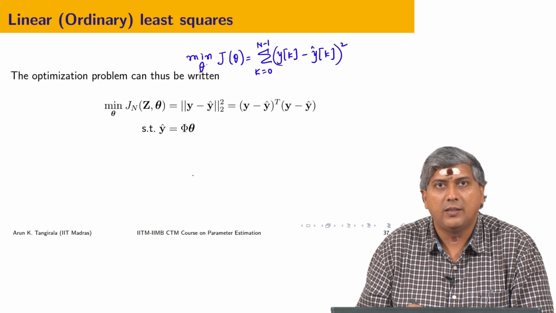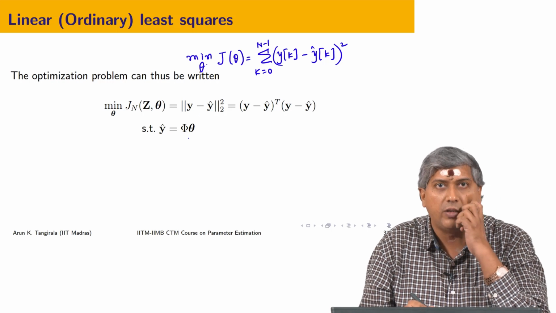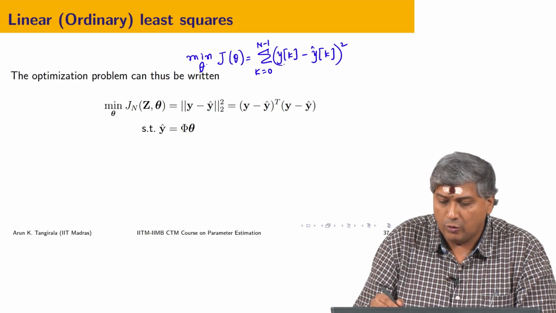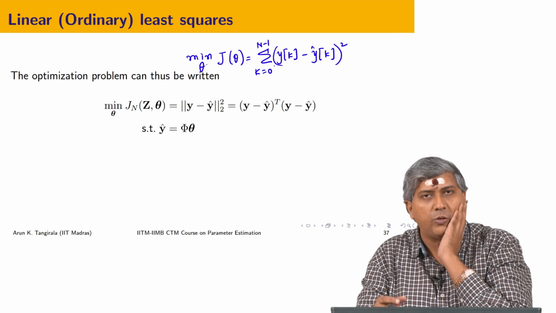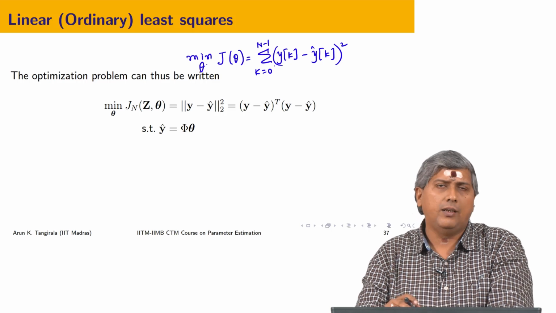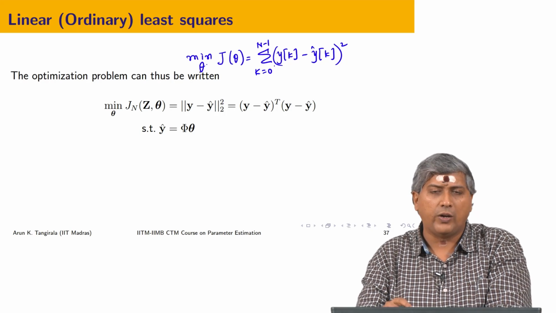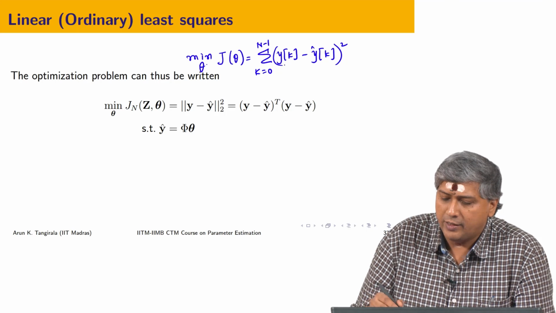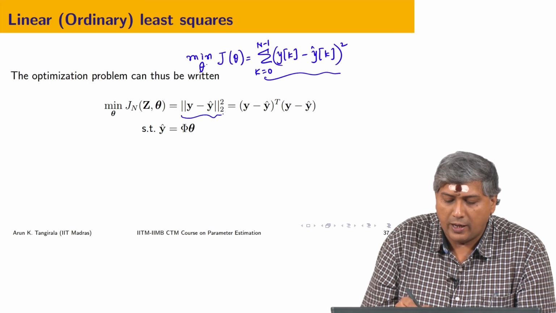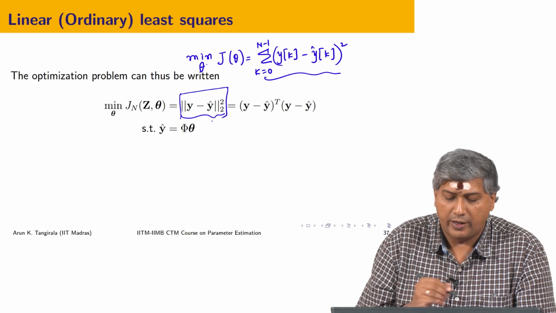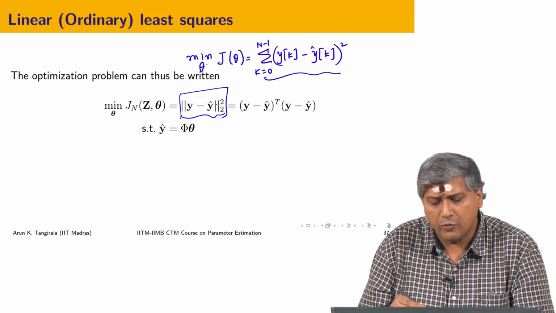The same optimization problem now can be written in terms of the vectors and the matrices that we just introduced. So, for those of you who at least have some basic exposure to elementary vector algebra, and if you do not, you can just read up a book, it just takes about 5-10 minutes. You should recognize that this sum square can be written as the squared 2 norm of y minus y hat. First of all, what is y minus y hat?